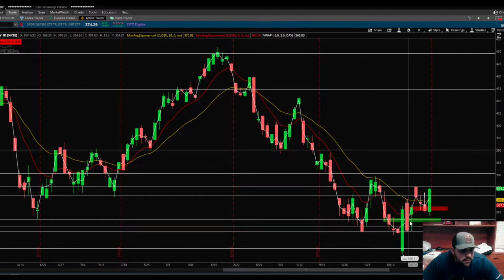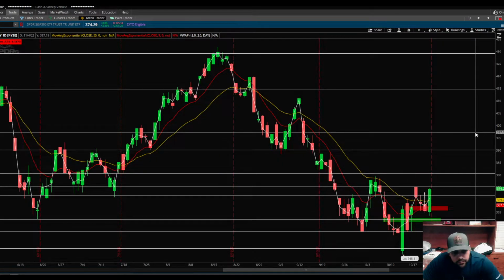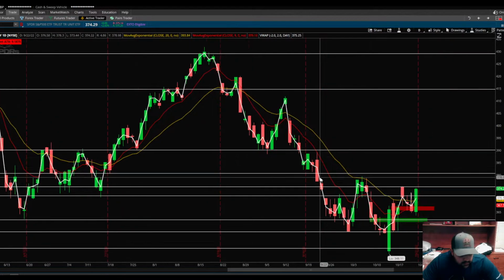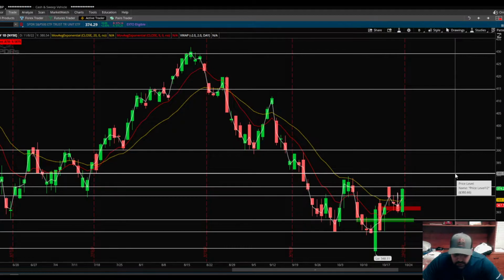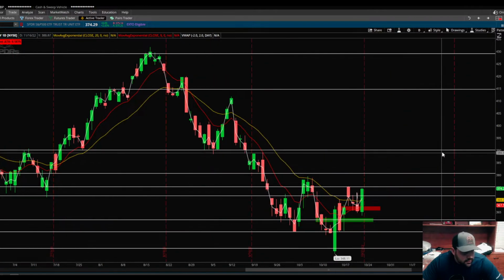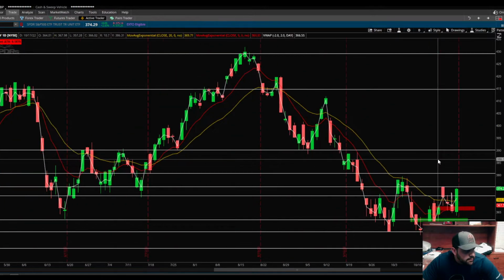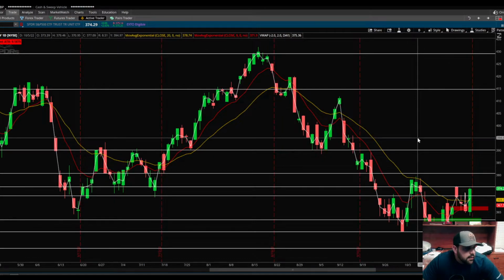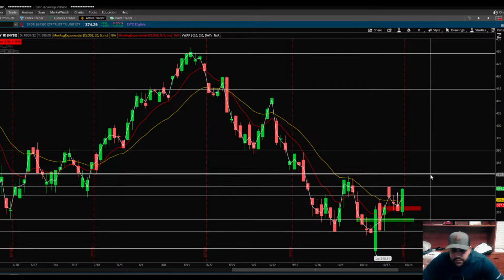But it looks like, because we got one leg, two leg, we might trend higher to the 380 area. And if we break the 380 area, we might get to the 390 area before something happens. Again, it really depends.